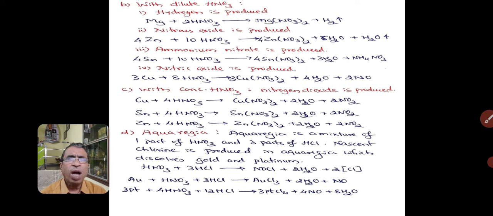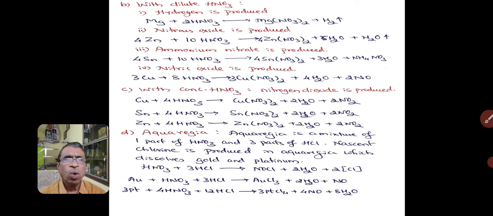Next we study aqua regia. Aqua regia is a mixture of one part of HNO3 and 3 parts of HCl. During the reaction, nascent chlorine is produced, which dissolves gold and platinum. So, HNO3 plus 3HCl gives rise to NOCl, called nitrosyl chloride, 2H2O and 2 nascent chlorine atoms.